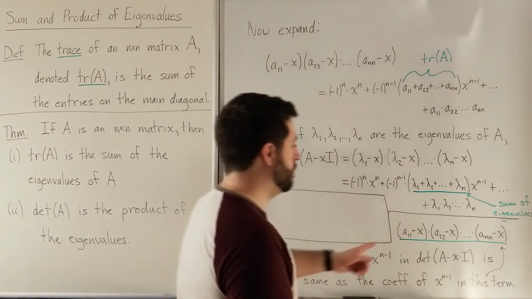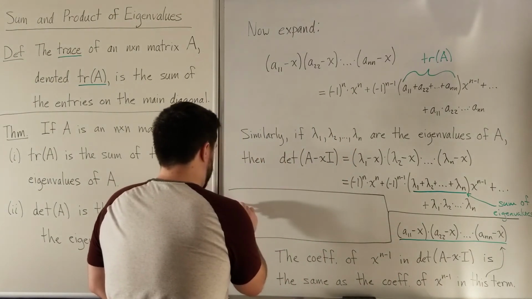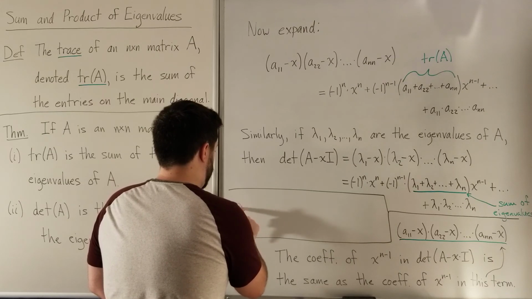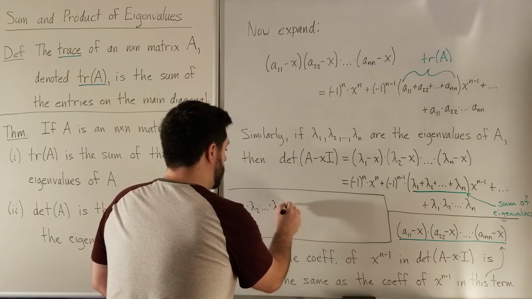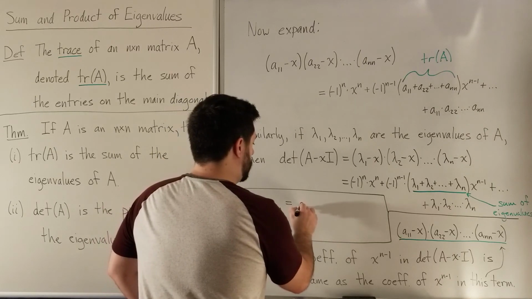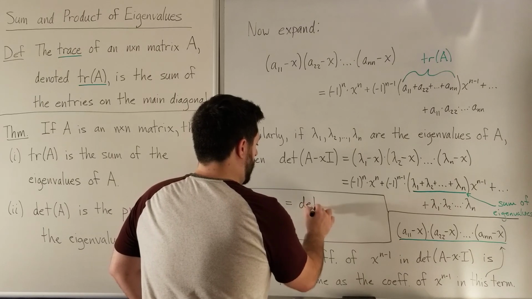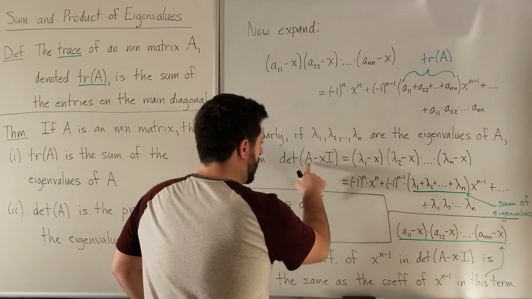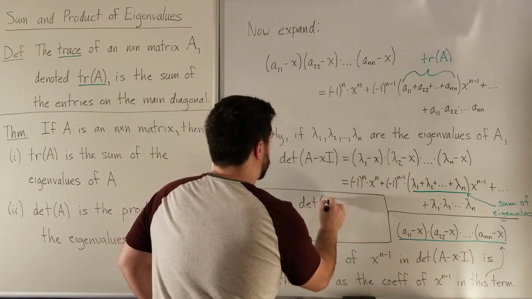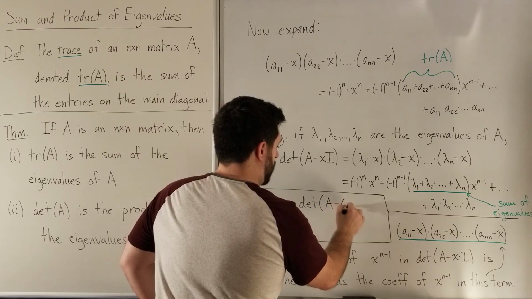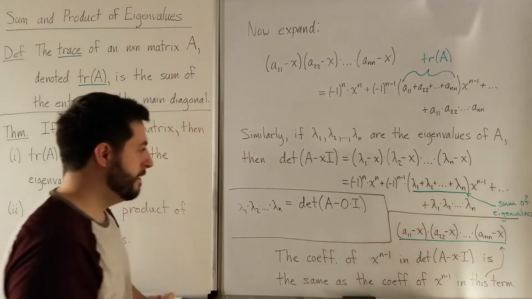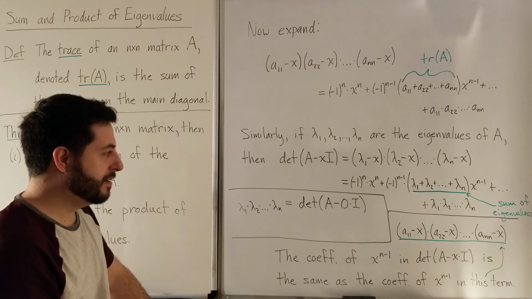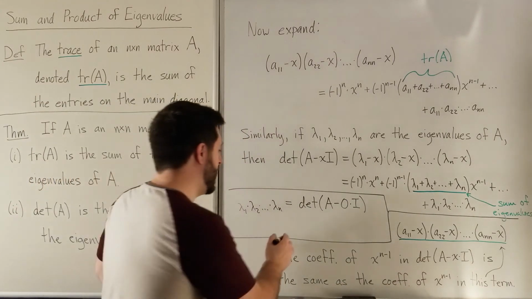So the constant term, lambda 1 times lambda 2 all the way up through lambda n, should be equal to the determinant of A minus 0I. Okay, well, A minus 0I is just the matrix A.